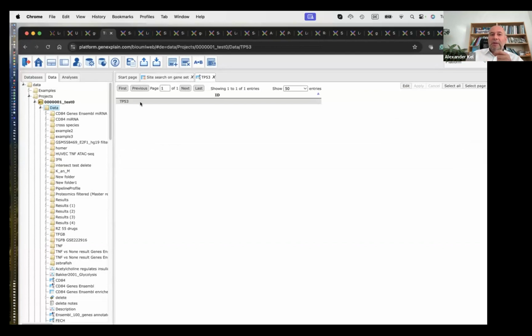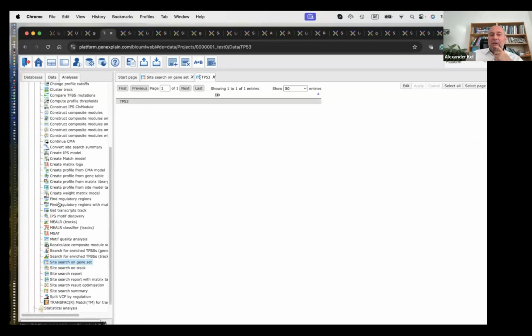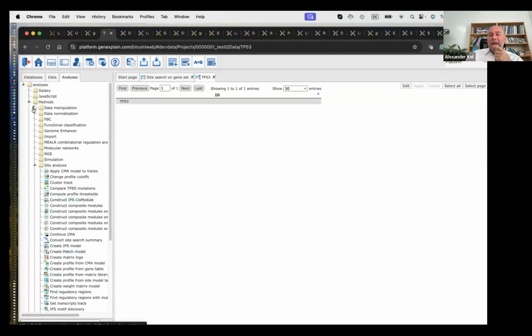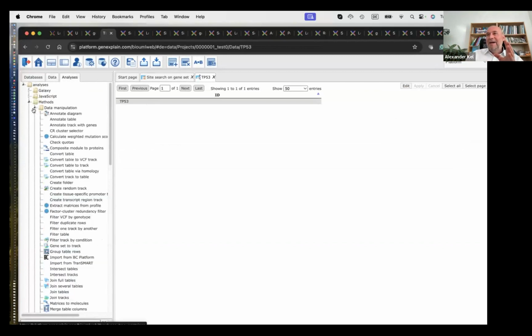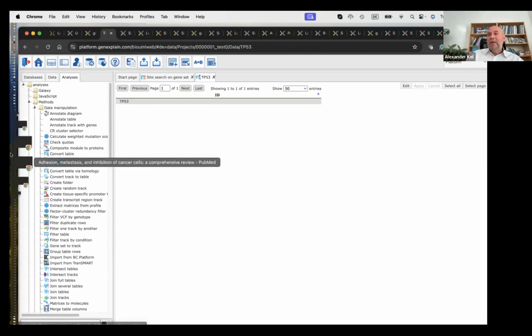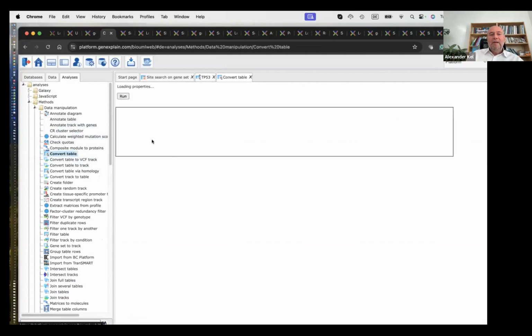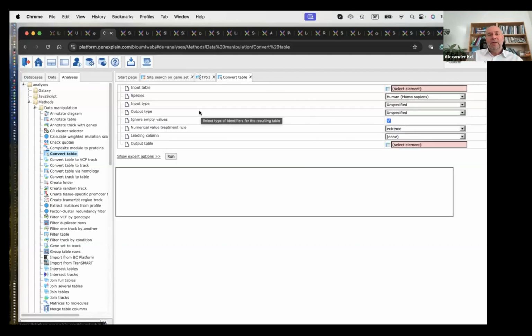Because just a gene symbol sometimes is not fully telling you where exactly in the genome. Some genes have several copies in the genome, right? And they would then have separate, different Ensembl IDs. So first we have to convert this gene symbol into an Ensembl ID. And then our tool will know exactly which place of the genome we are interested in.